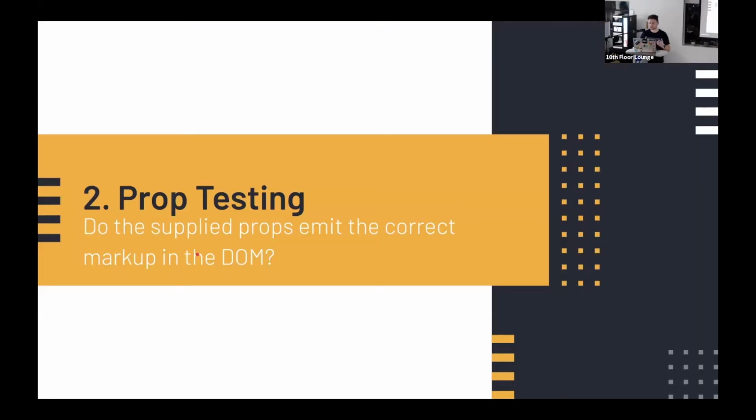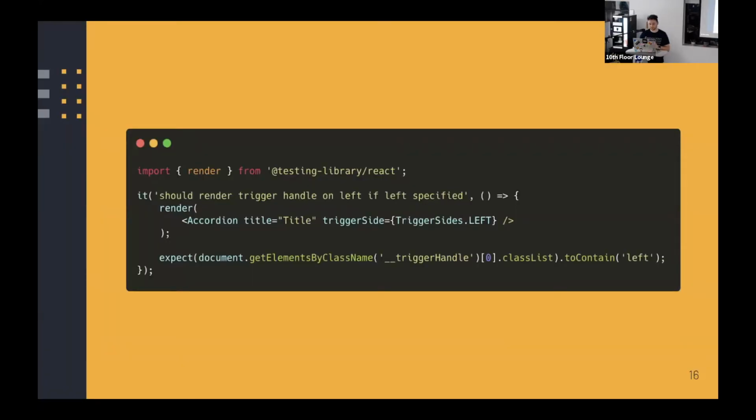So then the next step is to actually figure out, did it render correctly? So this render, which is supplied by Testing Library, just throws it right on the DOM for us, and we can actually use document.get anything, any of those things we're used to from vanilla JS, to go inspect the DOM and look at it, and then write assertions in Jest.